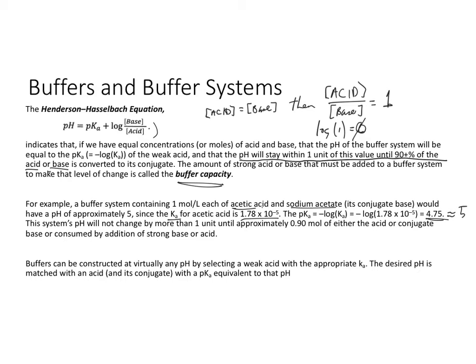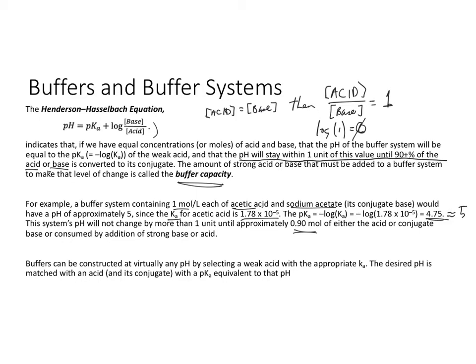Such a system would stay at a pH of approximately 5 until essentially 0.9 moles, 90%, of either the acid or the conjugate base was consumed by the addition of a strong base or a strong acid.